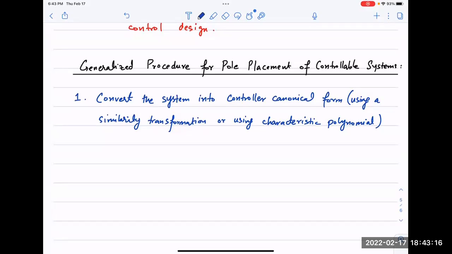So if you convert the system into controller canonical form, it will have the same characteristic polynomial. A convenient way to convert a system to a canonical form could be to use the characteristic polynomial and use the coefficients to construct it directly. But whichever way you want to do it, the first step should be to convert the system into a canonical form.